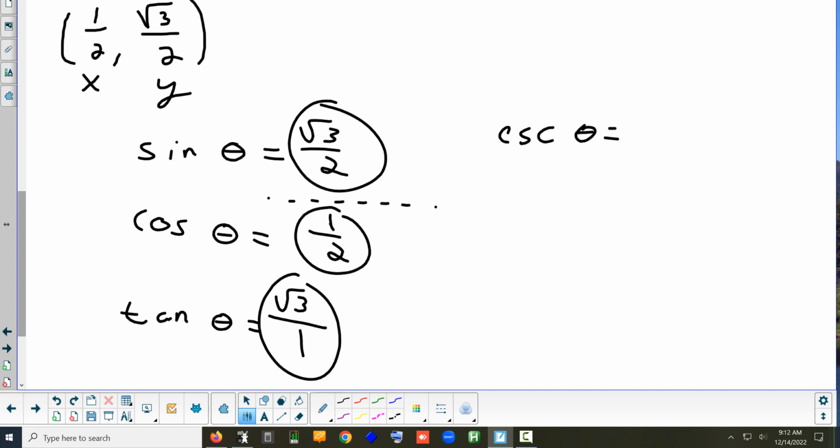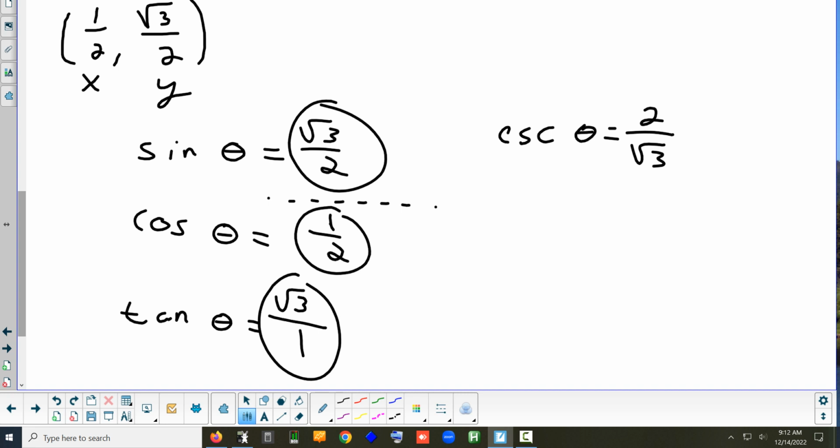All right, so my cosecant. When I flip that, Eileen, what's my cosecant going to be? 2/1. That's going to be my secant. So we'll do that one next. But let's do this one first. 2 over the square root of 3. Okay, so we get 2 over the square root of 3. And then what's wrong with that?